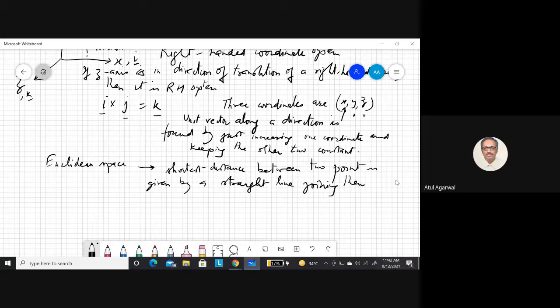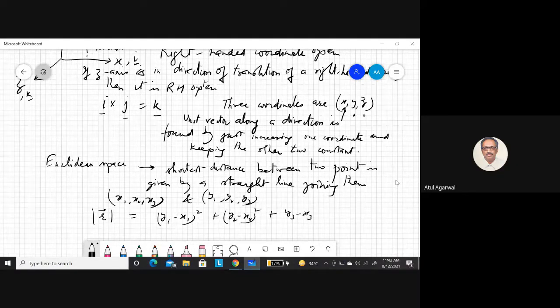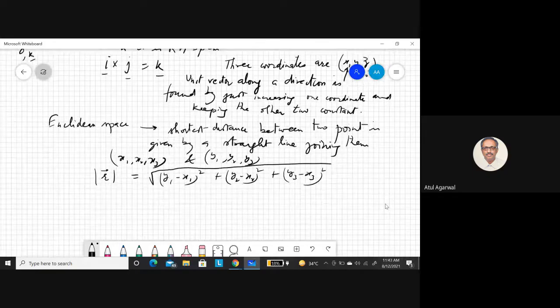So if you have 2 points x1, x2, x3, and y1, y2, y3, this is the shortest distance between them. So then it is a Euclidean space, or it is also called a flat space.